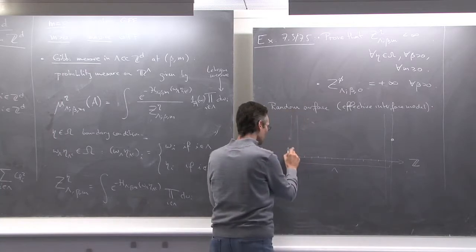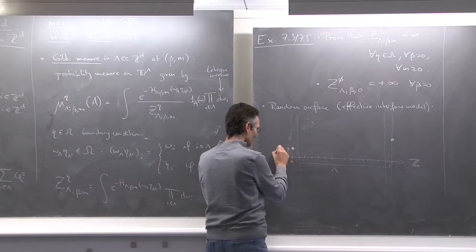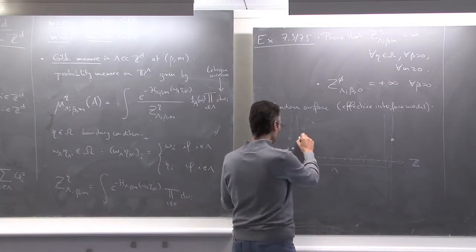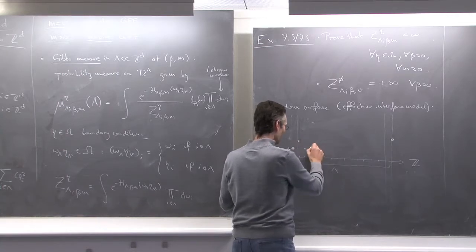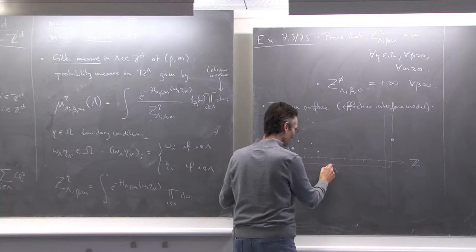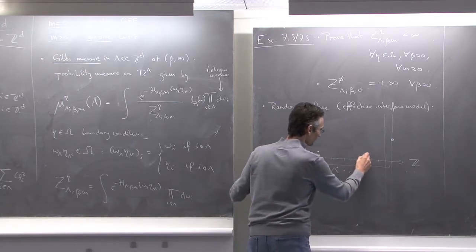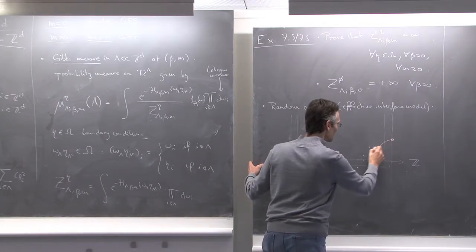So if this is, say, k, this is eta k. And then you draw the heights at each vertex, and so on and so forth. Something like that. And then this gives you a random line.